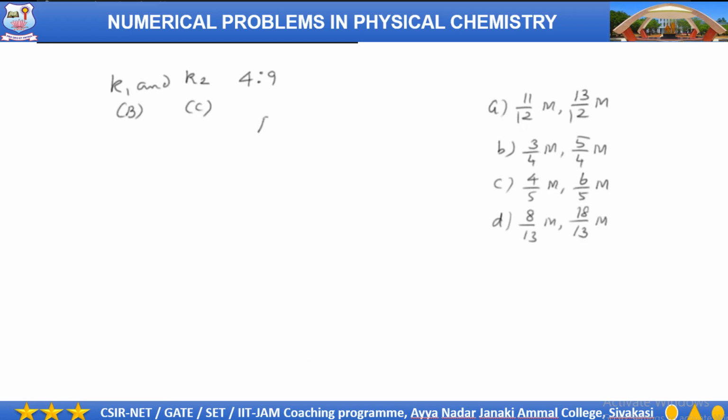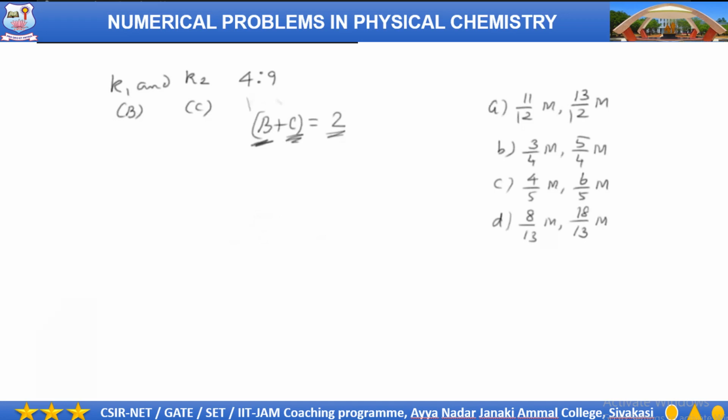Here B plus C concentration is equal to 2 molar. The total concentration present is 2. And what would be the ratio in that 2 molar? What is the concentration of B? What is the concentration of C? Here, the ratio of K1 is 4 and K2 is 9.